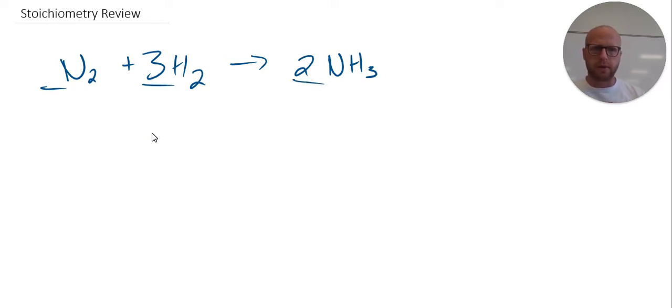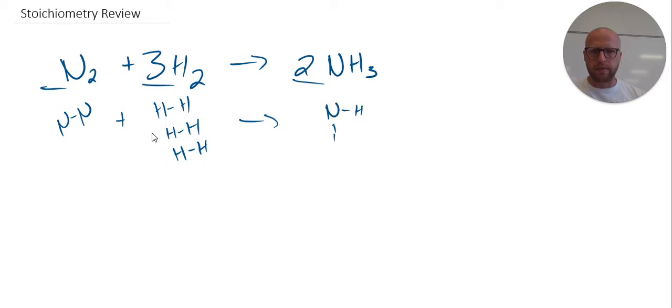So on the most basic level, there are atom ratios or molecules. So I have 1 molecule of N2 reacting with 3 molecules of H2. And when that chemical reaction happens, what I produce is 2 molecules of NH3.